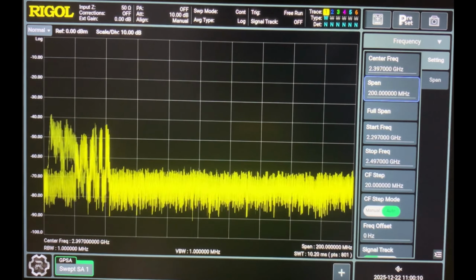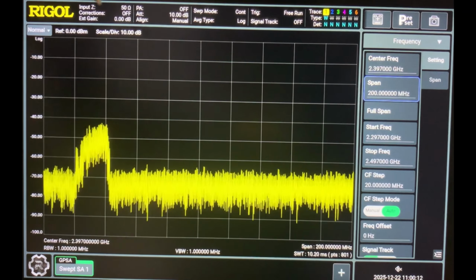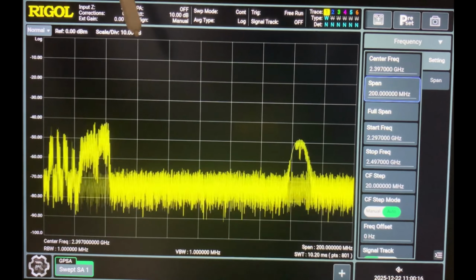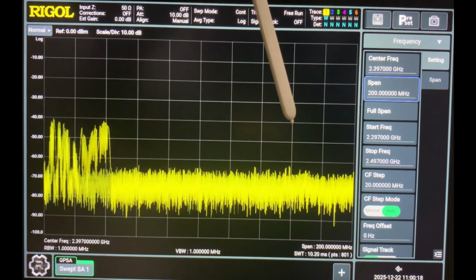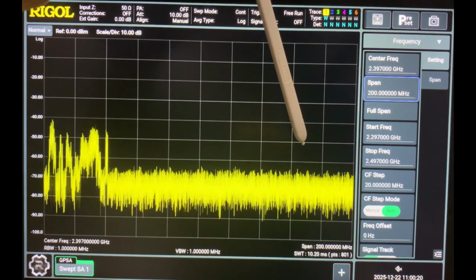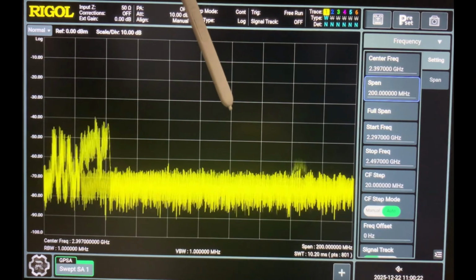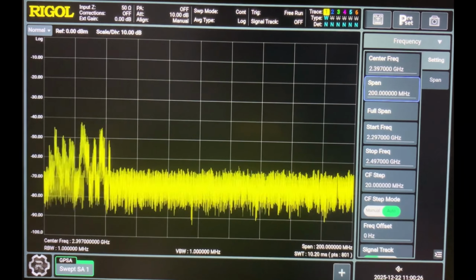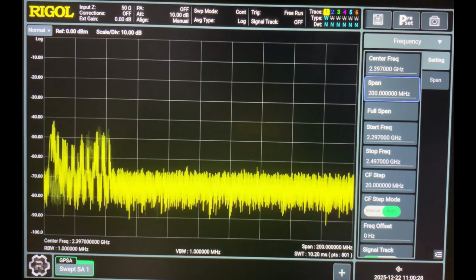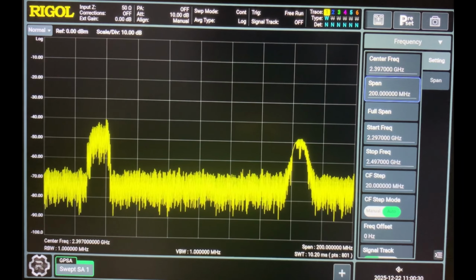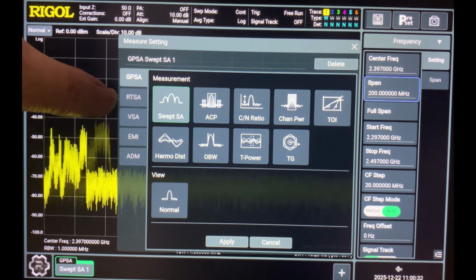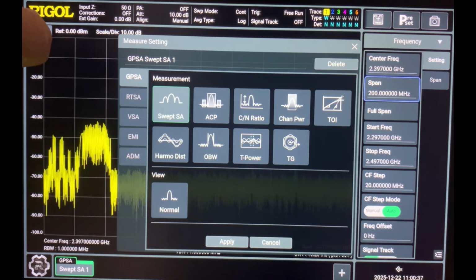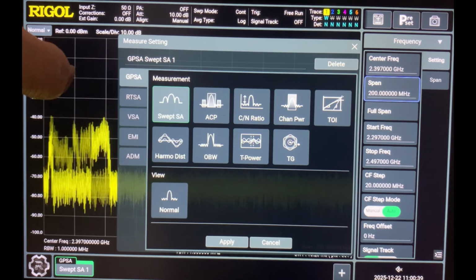Let's look at the same signal. In normal spectrum analyzer mode, it appears sometimes or not at all. Now I turn on real-time spectrum analysis.